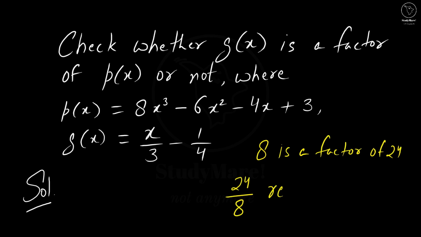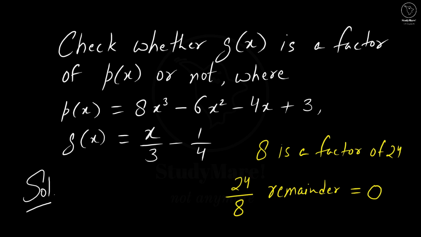You will check the remainder. Like in this case, 24 divided by 8: 8 3s are 24, so you get the remainder as 0. Since you got the remainder as 0, you know that 8 is a factor of 24.